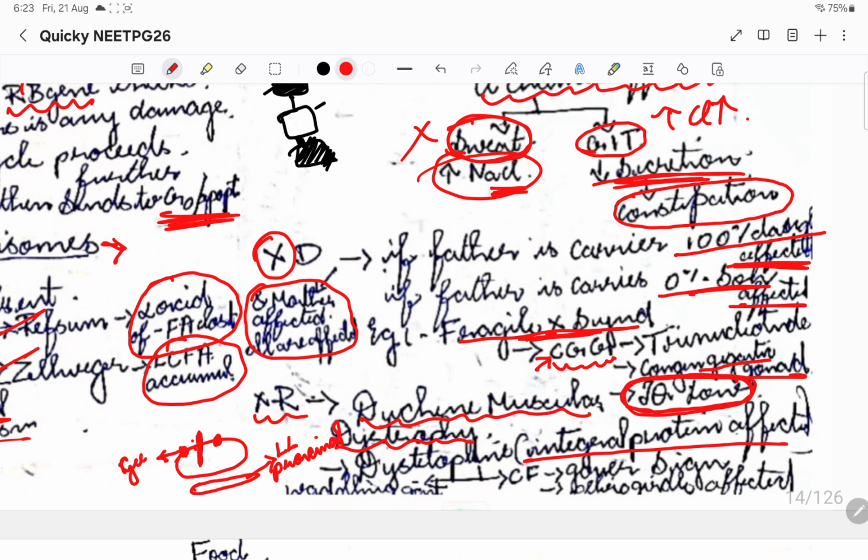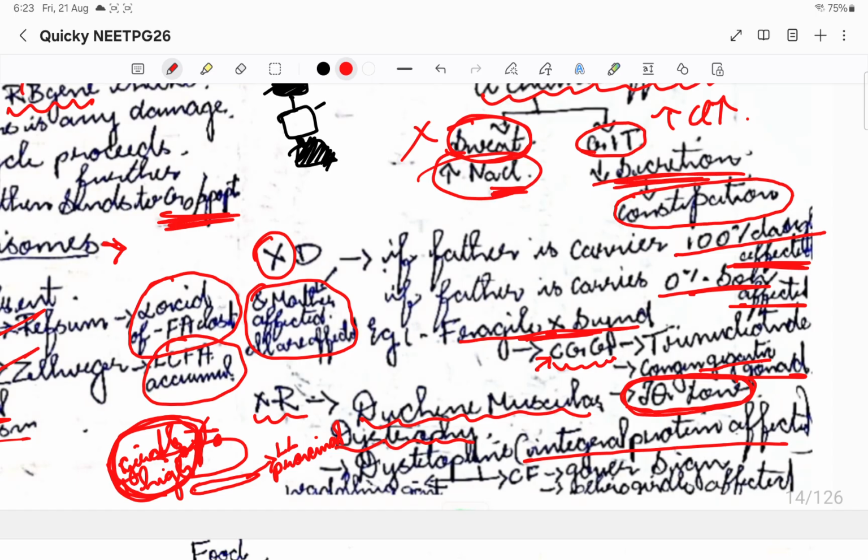The pelvic girdle muscles and the thigh muscles, not the leg muscles. Please remember this. That is why there is difficulty in standing up. Standing up is supposed to be supported by the girdle and thigh muscles, so they have great difficulty in standing up.